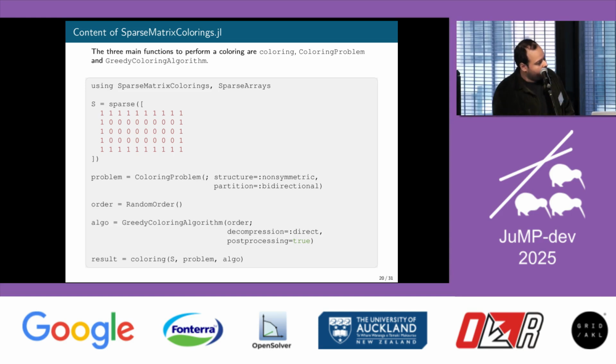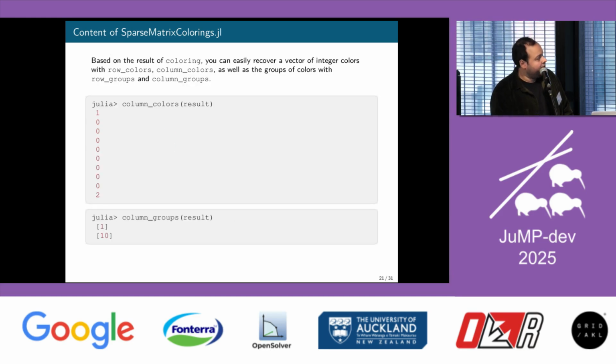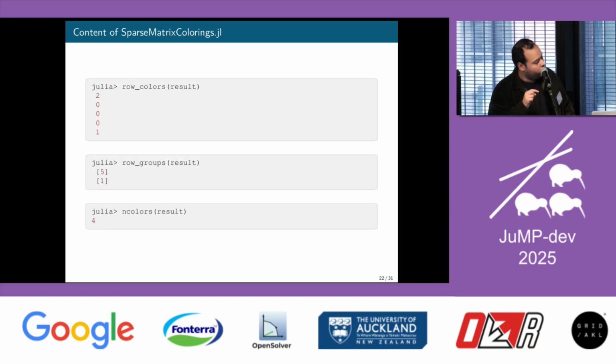And once we do that, we perform the coloring. And from the coloring, we can directly do the compression and the decompression and recover the groups of the colors, or what is the color of each column. So this is more or less the code, very simple.